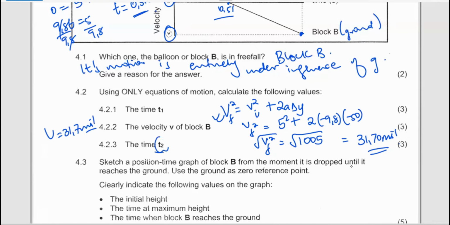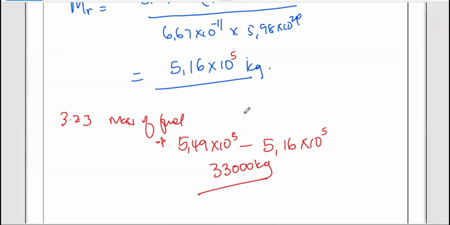Then they want us to get the time T with which the block hits the ground, the time taken to hit the ground. With that, I'll use delta Y is equal to V initial delta T plus a half A delta T squared. Let's do the substitution.